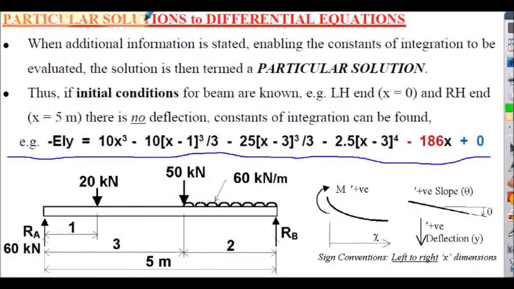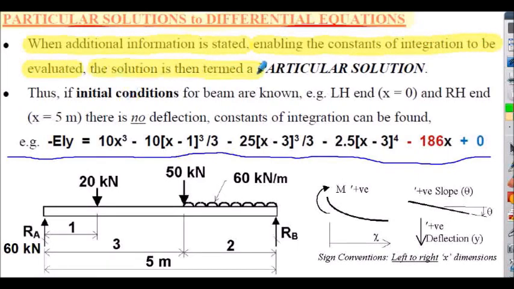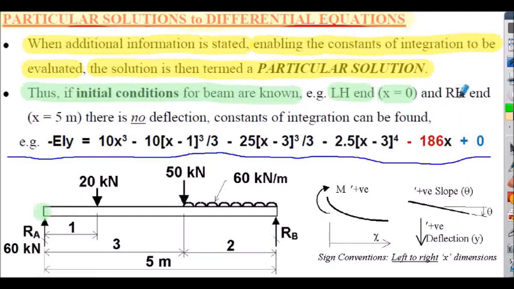Let's consider particular solutions to differential equations. When additional information is stated, enabling the constants of integration to be evaluated, the solution is then termed a particular solution. Thus, if the initial conditions for a beam are known, sometimes also called the boundary conditions, that for example at the left-hand end, when x is equal to 0, shown here on our diagram, and the right-hand end, when x is equal to 5 meters, shown here on our diagram, there is no deflection, then the constants of integration can be found.